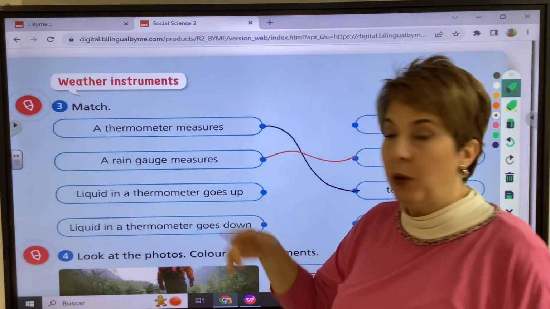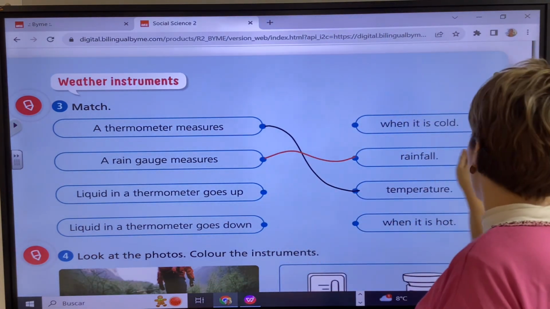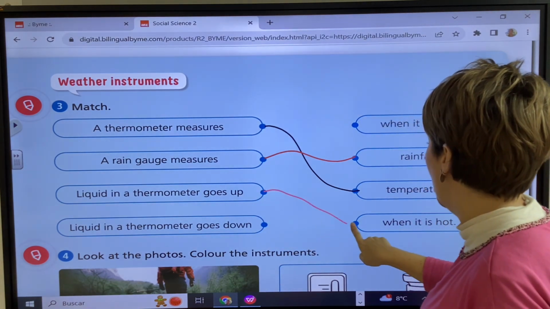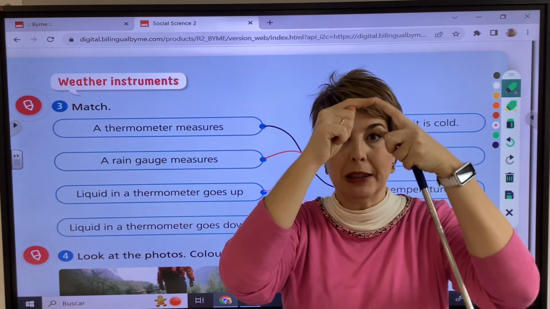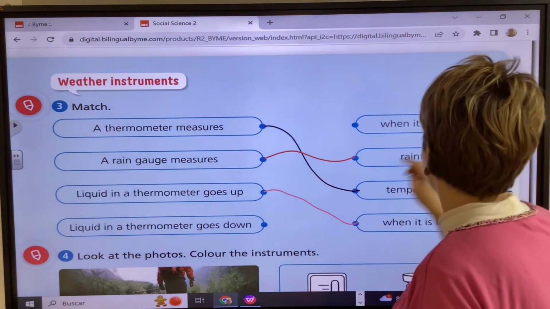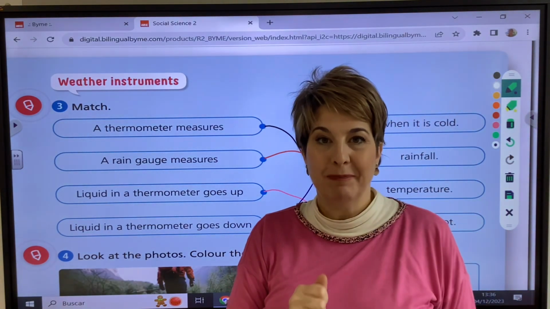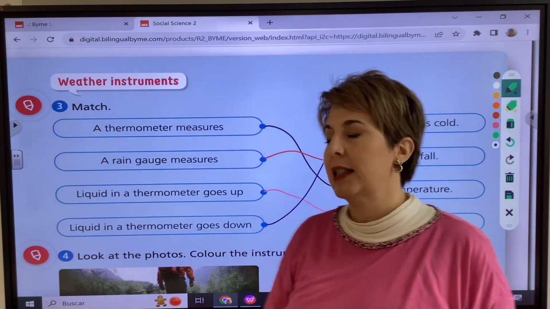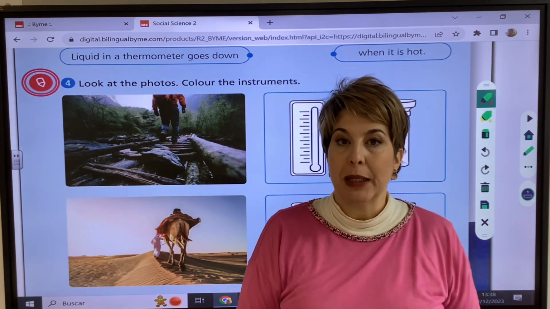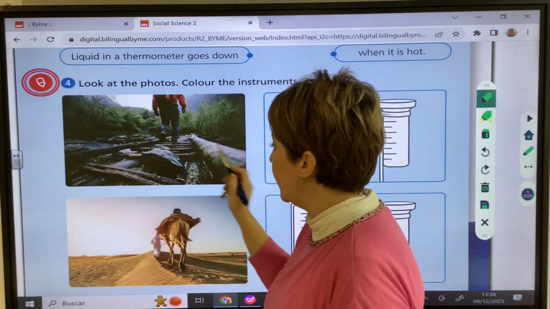Liquid in a thermometer goes up when it's hot. And liquid in a thermometer goes down when it's cold. Okay? That's very important. If we apply this information in practice, is it raining here?